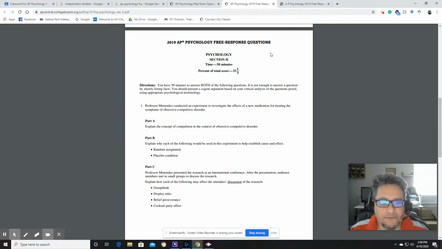All right, so Professor Mendez is going to conduct an experiment to investigate the effects of a new medication for treating the symptoms of obsessive compulsive disorder. So he's doing a drug test. So it's going to say, explain the concept of compulsion in the context of obsessive compulsive disorder.